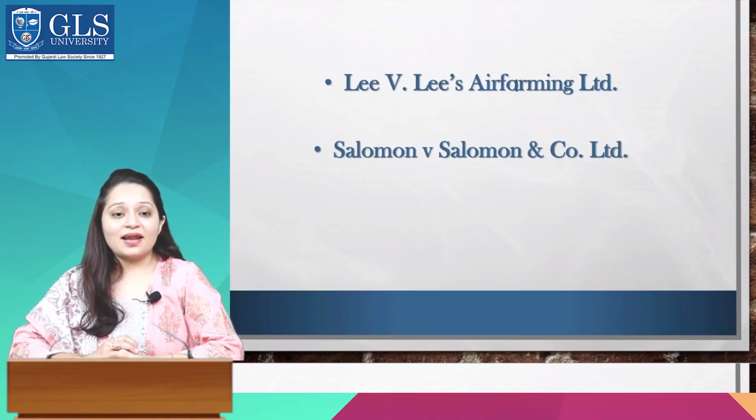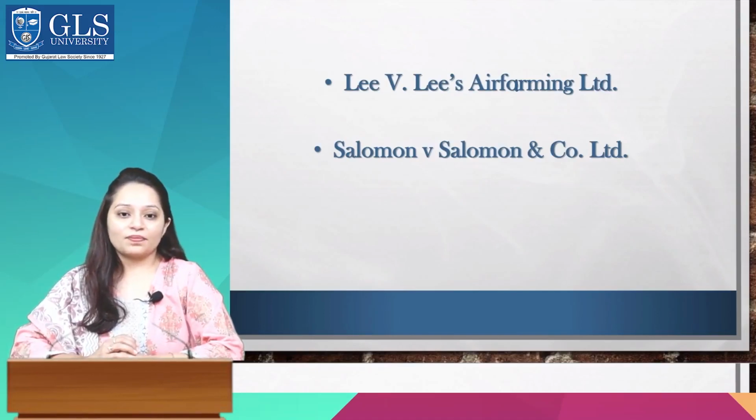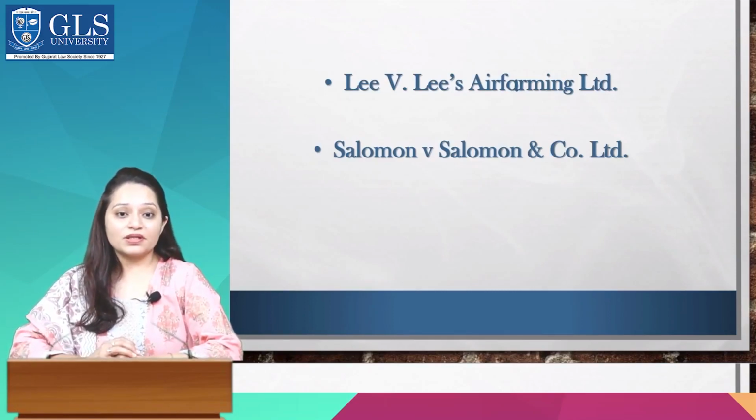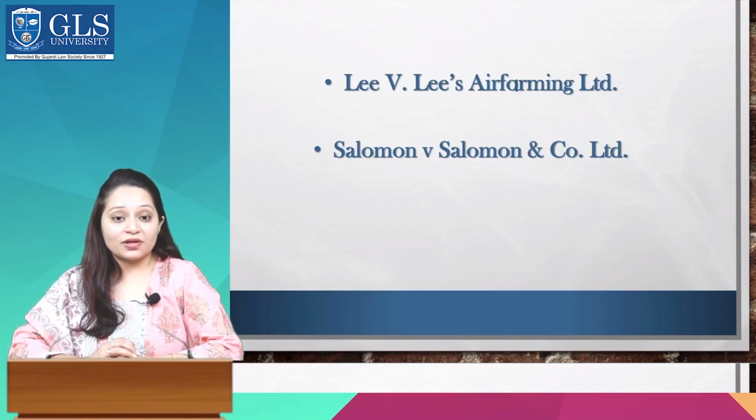He died in an air crash while working for the company, and his wife claimed compensation from the company. There was a controversy whether Mr. Lee can be called an employee, or is he really entitled to this compensation, as it was claimed that Mr. Lee and the company are the same.